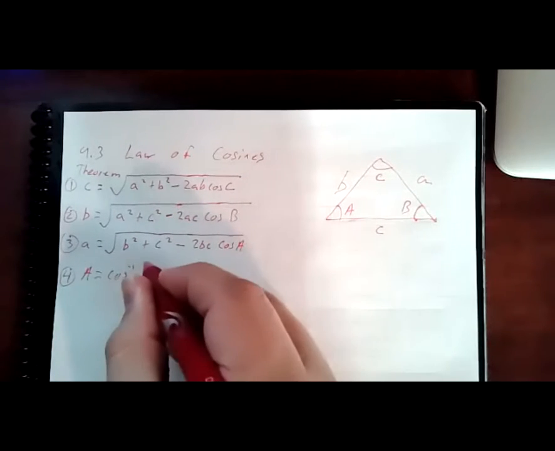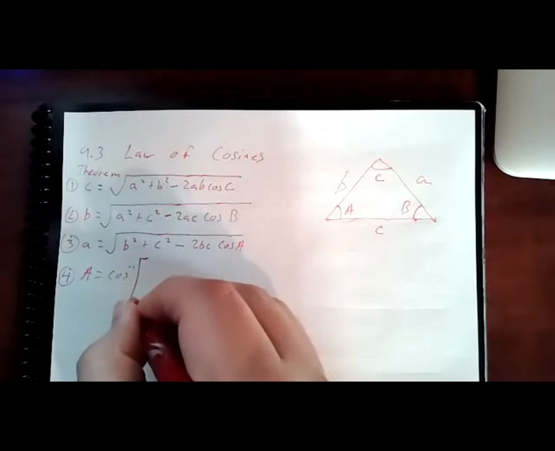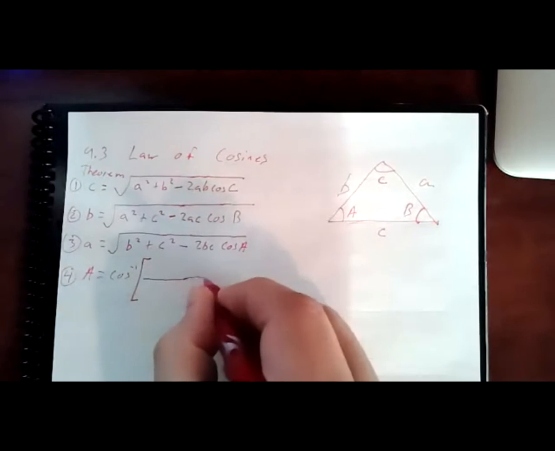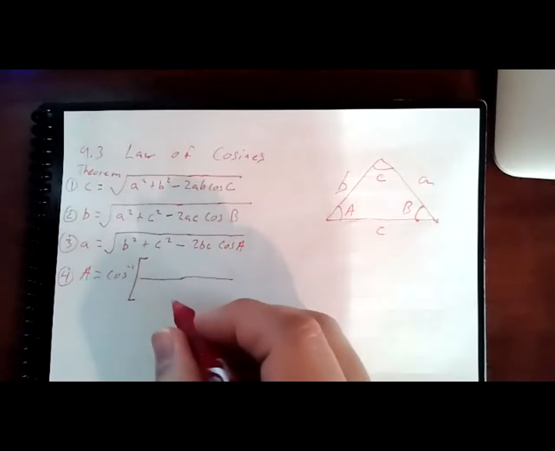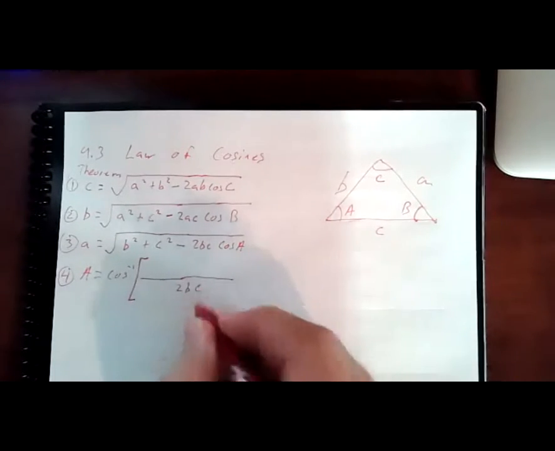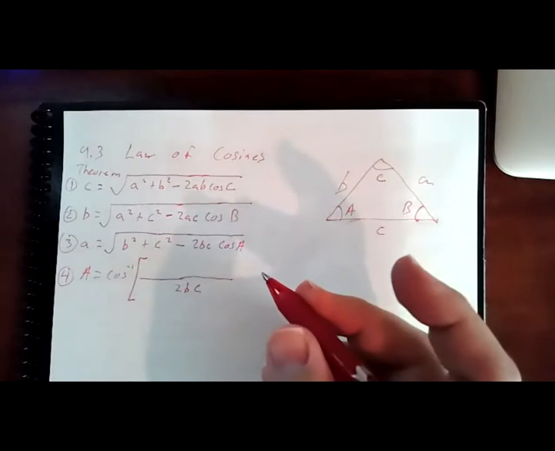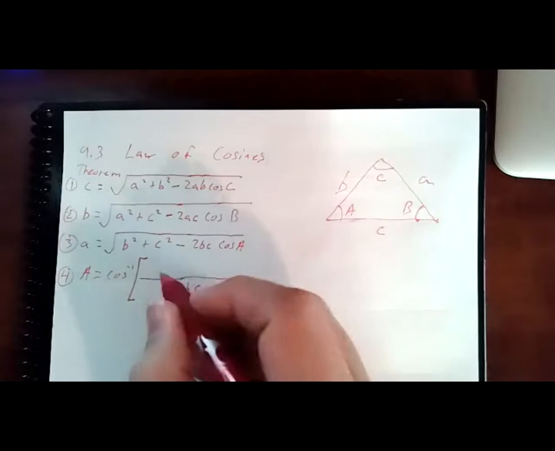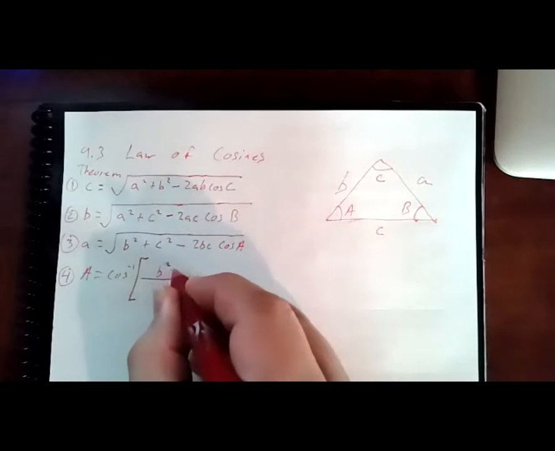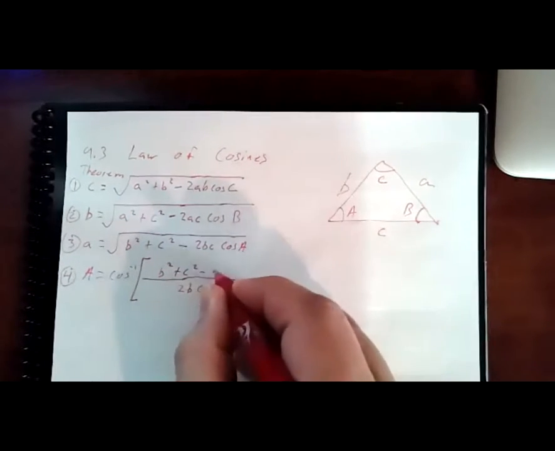So here's capital A equal to cosine inverse of, all right, let me double check everything because these need to be perfect. Bottom part will be 2bc. Top part will be b squared plus c squared minus a squared.